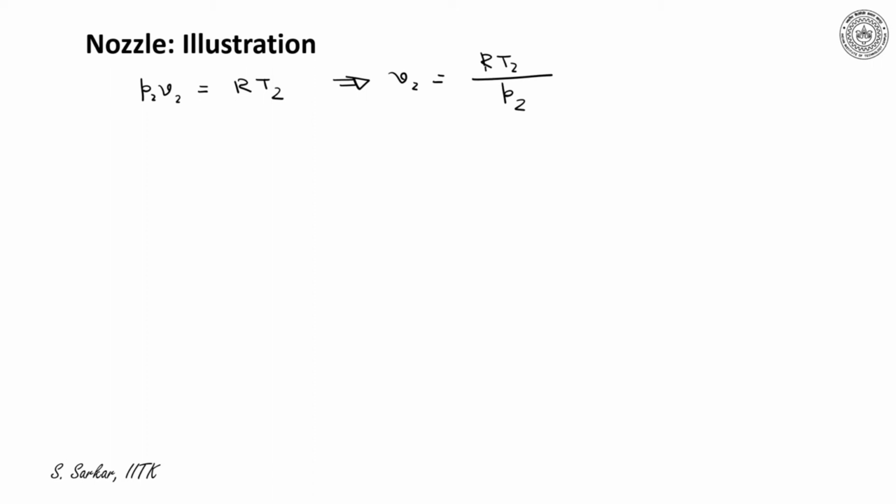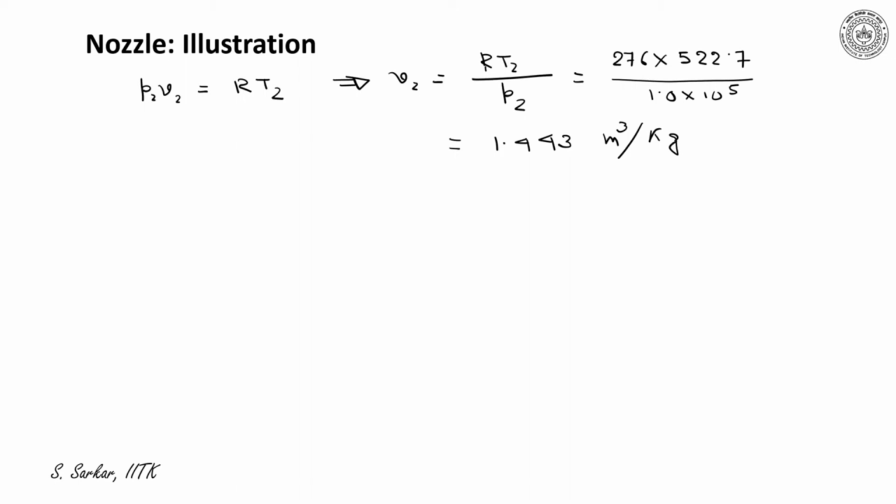I know the value of R, that is 276. The value of T2 that I have got is 522.7, and P2 is 1 bar, that is 1.0 into 10 to the power 5 pascals. Then I got the value of v2 as 1.443 meter cube per kg. So I have calculated the specific volume at exit of the nozzle.